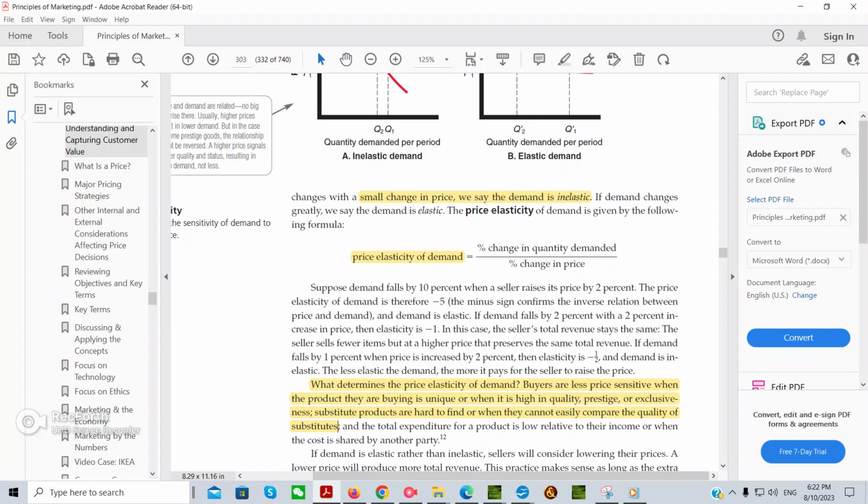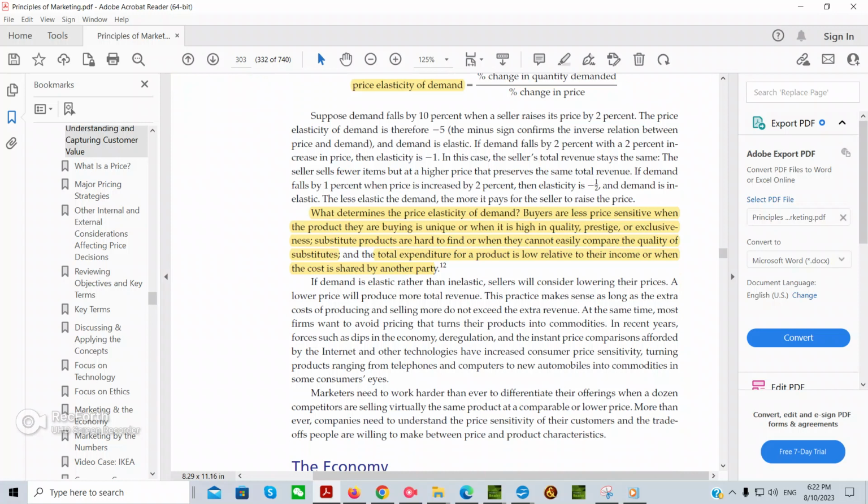Buyers are also less price sensitive when the total expenditure for a product is low relative to their income, or when the cost is shared by another party. If demand is elastic rather than inelastic, sellers will consider lowering their prices. Why? Because there's going to be less demand for it.